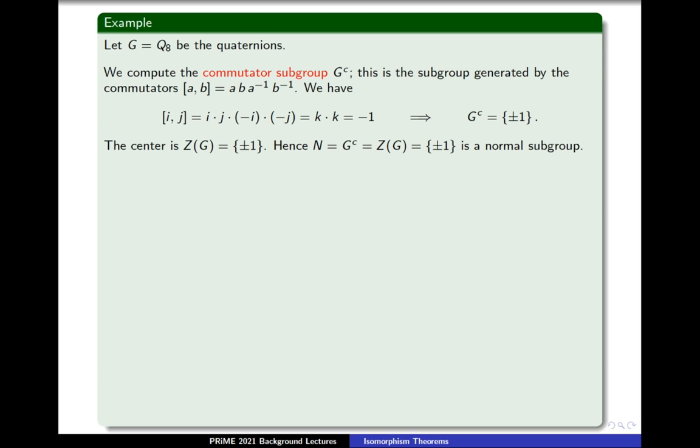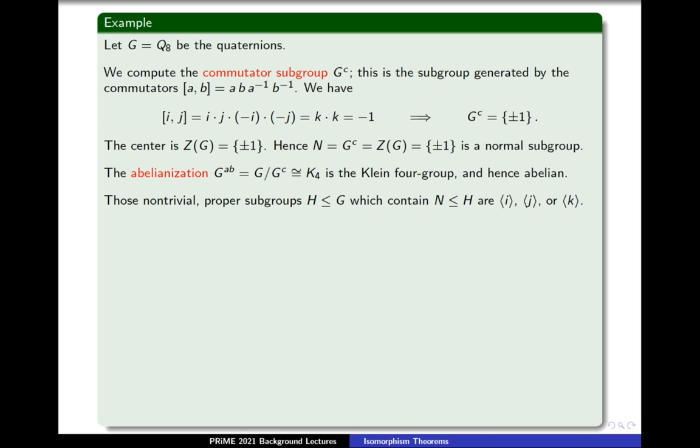This is a normal subgroup. We can form the abelianization G upper ab to be G mod the commutator subgroup of G. And in this case, we'll get the Klein four group, which is an abelian group. So luckily, we get that the abelianization of G is an abelian group, as it should be.